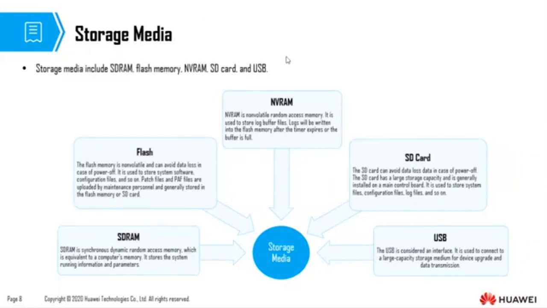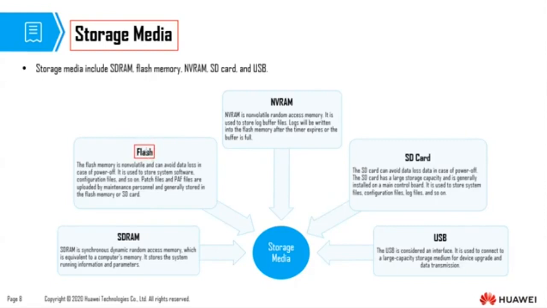Now, just like our computers that have a hard drive and RAM, Huawei routers and switches also have storage media that is used to store those files that we've just looked at and to also run them. To be precise, the permanent memory for these devices is what we call the flash drive.